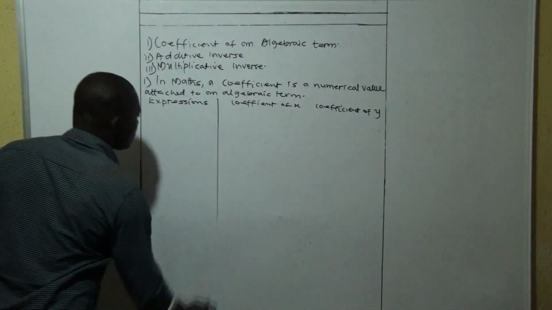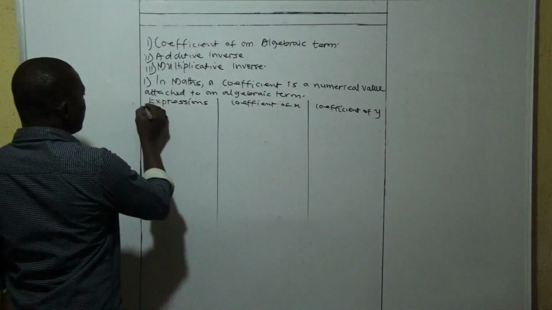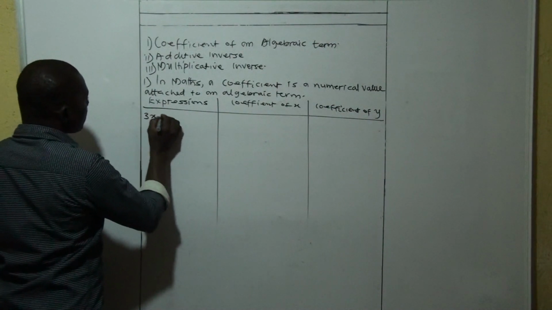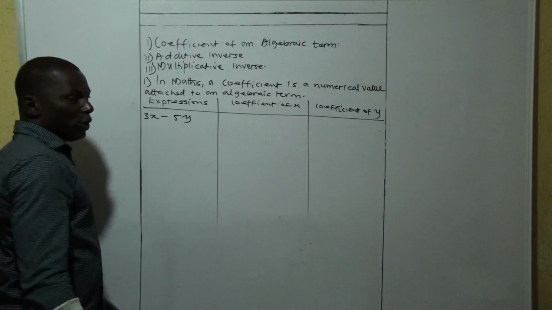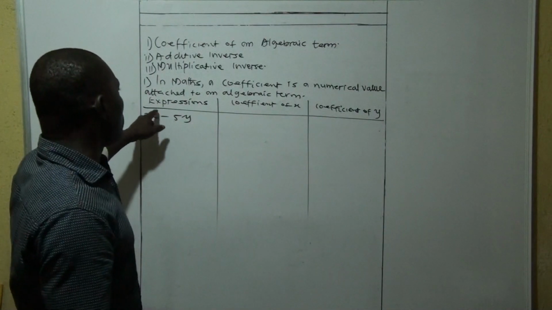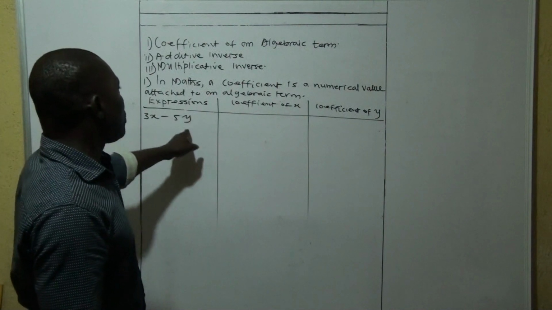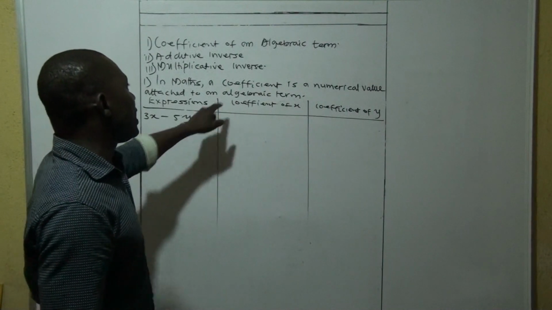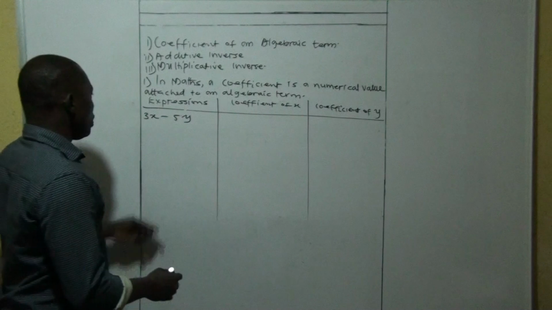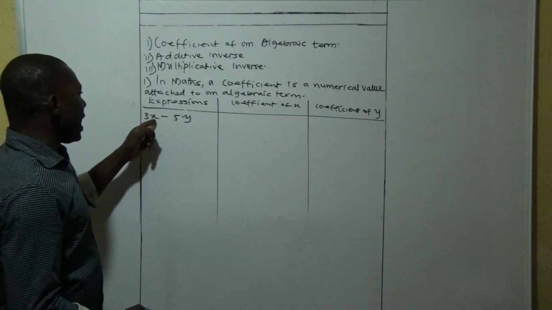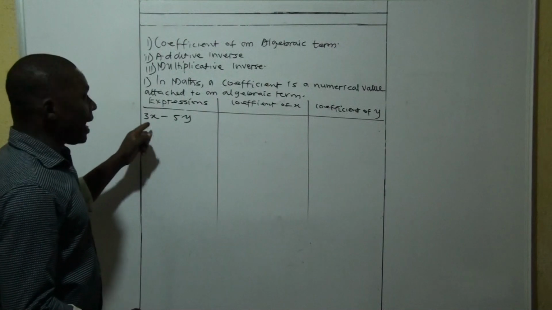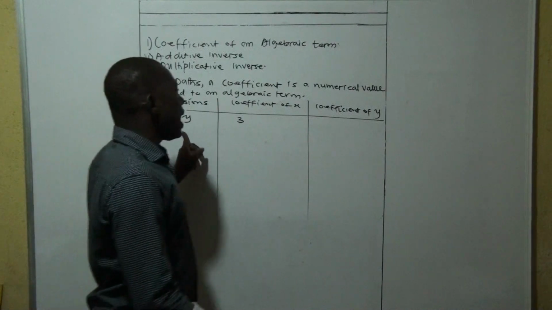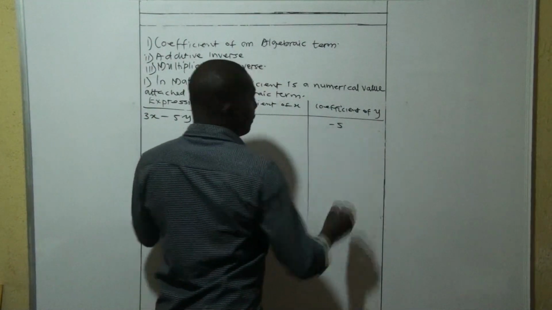So in these expressions, let's have 3x minus 5y. The number that multiplies the unknown term x, and the unknown term here is what? Y. These two unknown terms are also known as the algebraic terms. The number that multiplies x here is 3. So the coefficient of x here is what? Is 3, and that of y is minus 5.